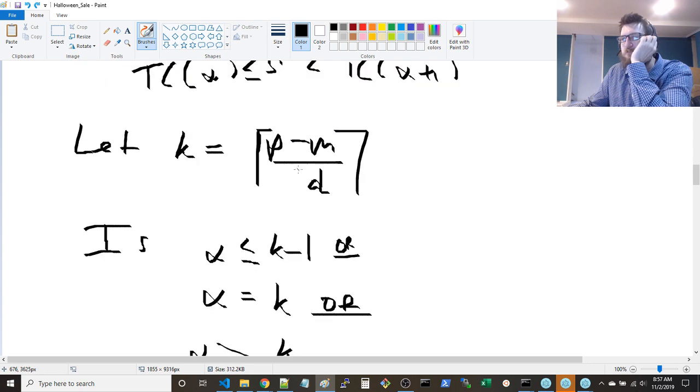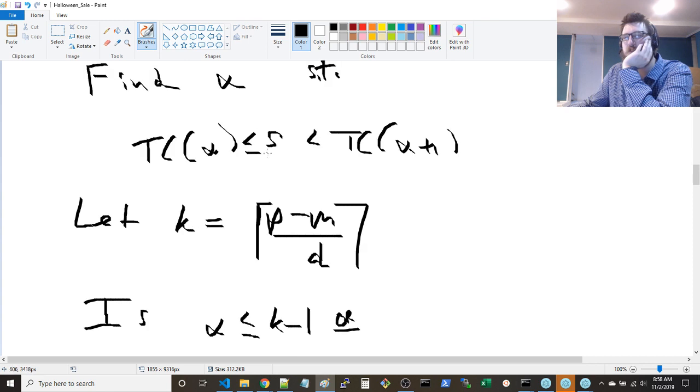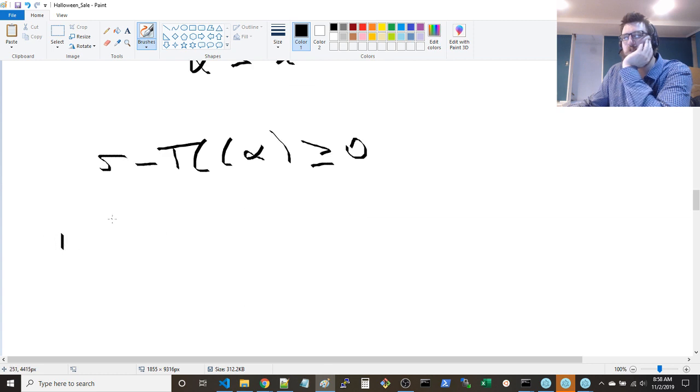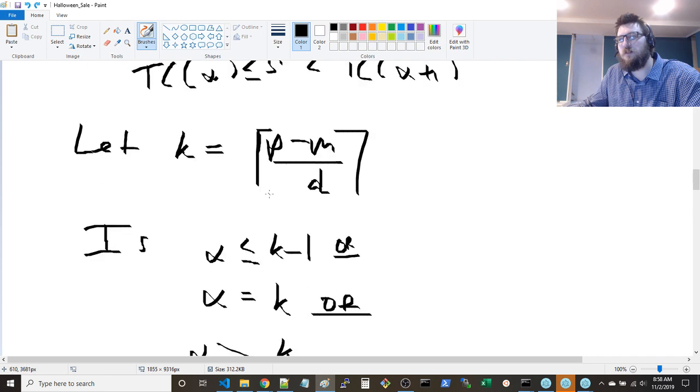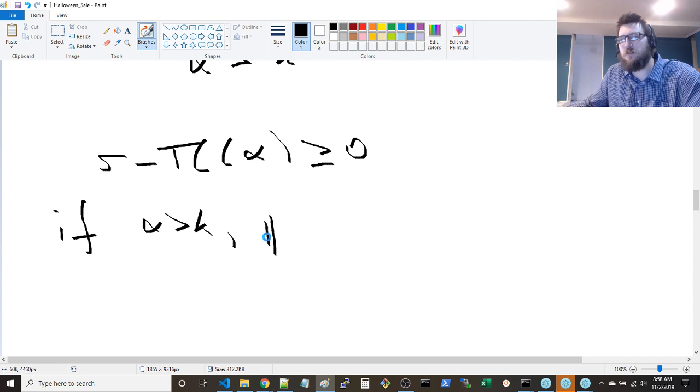you're in here, right? You could take S minus TC of alpha is greater than or equal to 0, right? We need this case, and then we say if alpha is greater than k, right, then S minus TC of alpha has got to be greater than or equal to m.